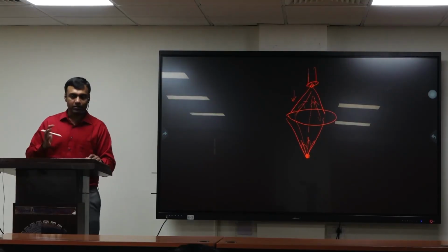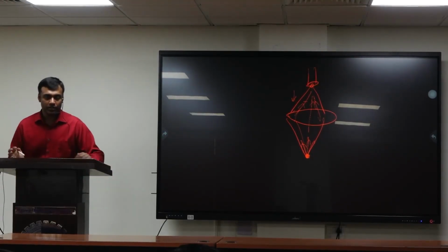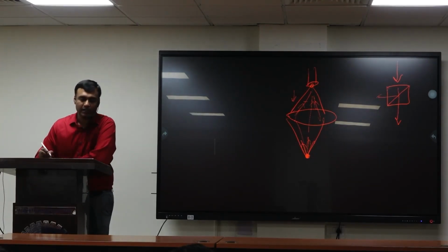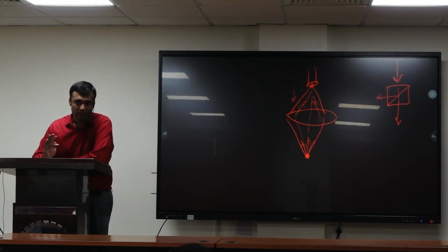There are a few different ways of doing it. In optics, you can have light coming in and use what's called a beam splitter. This sends half the light here, half the light here, so you lose half the light. The disadvantage of this approach is that you lose half the light, but let me give you an example of how this can work.